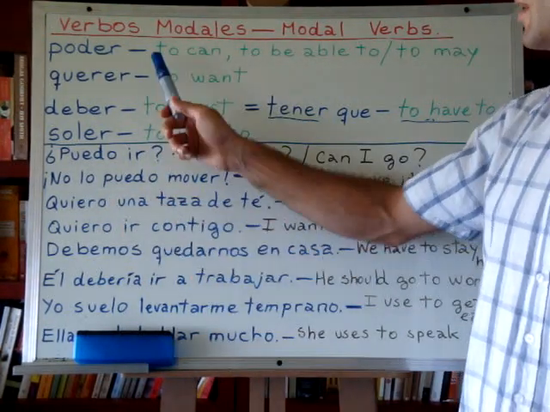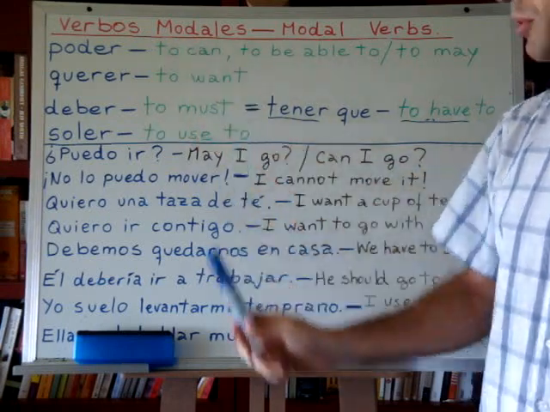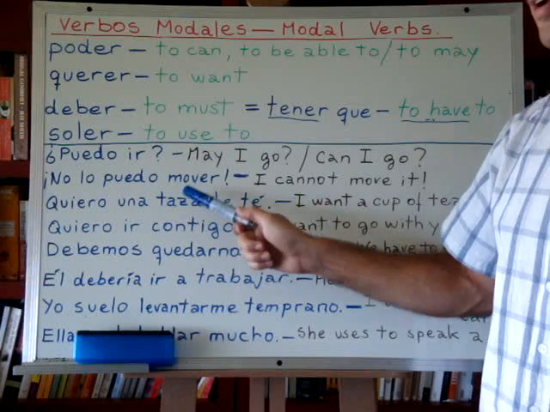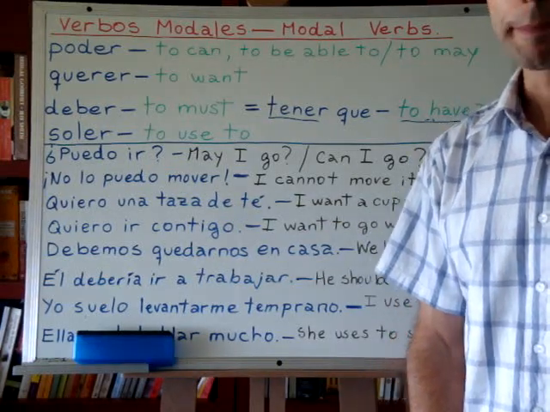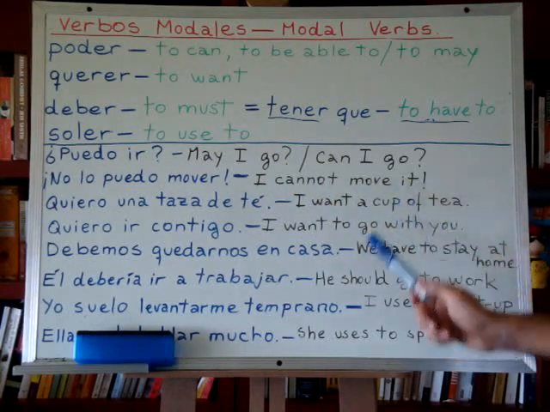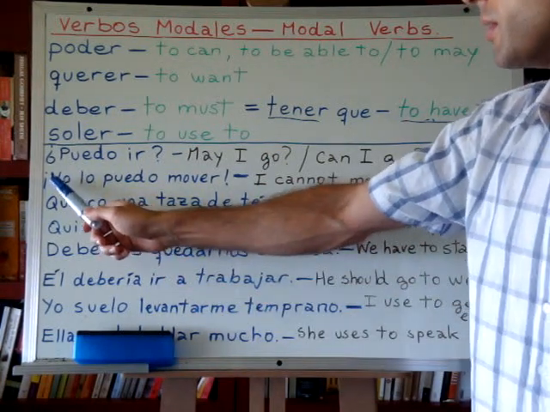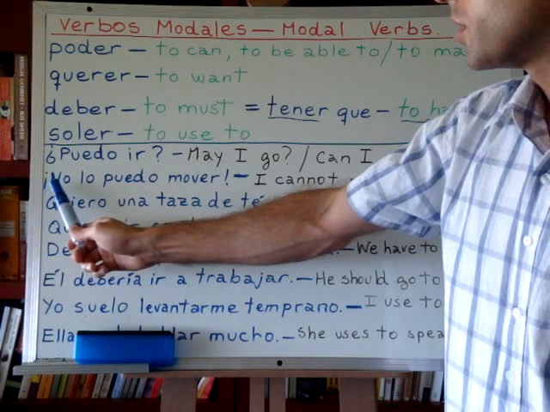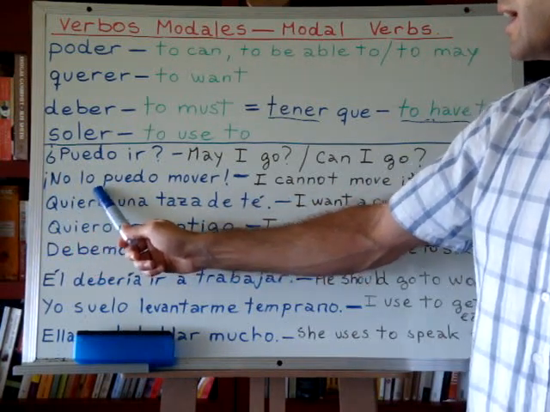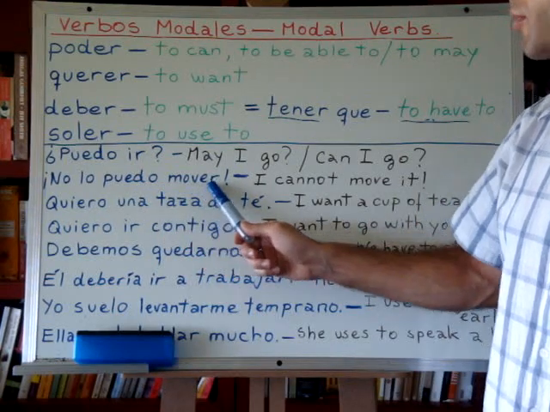Second example, poder as to can or be able to. No lo puedo mover. No lo puedo mover means I cannot move it, right? This means word by word, not it, I can move. Okay?